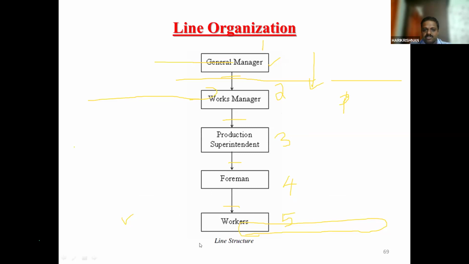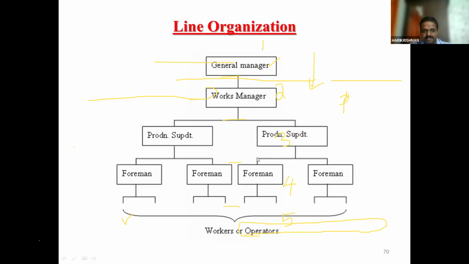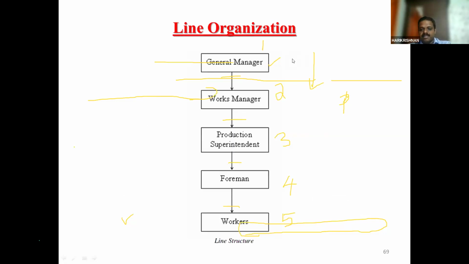If a worker is not working properly, the responsible person will be the foreman. The production superintendent will ask the foreman why the work is not done, and the foreman has to give clarification. Then the works manager will ask the production superintendent why the work is not done, and the superintendent has to give the explanation. Like that, the superior is responsible for whatever work is there. So this comes under line organization.